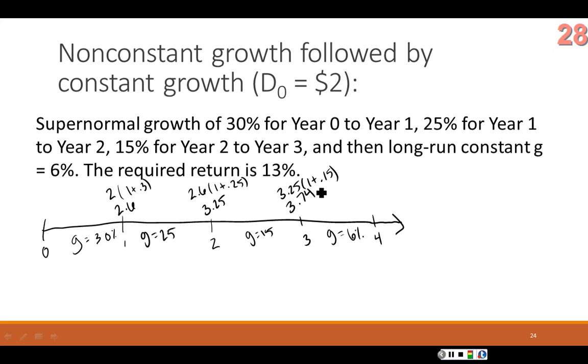And we need to go ahead and calculate it one period further. We always calculate it to one period past where the growth rate becomes constant. So the growth rate became constant at year 3, so we need to calculate dividend values at year 4. So we take the $3.74 and we multiply that by 1 plus our 6% growth rate, to give us $3.96.